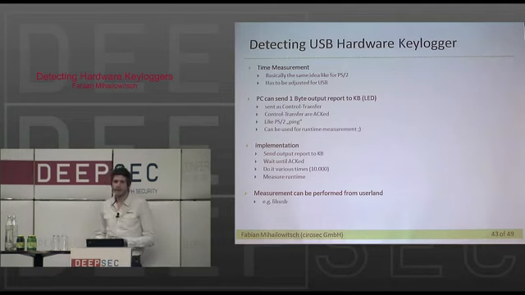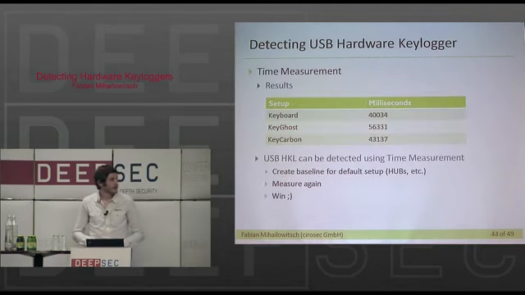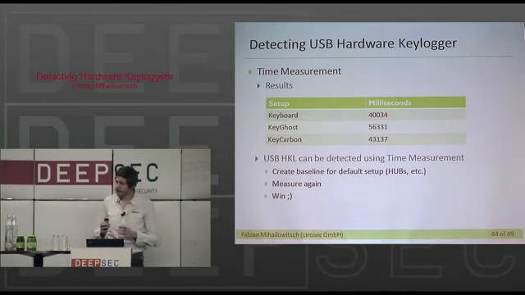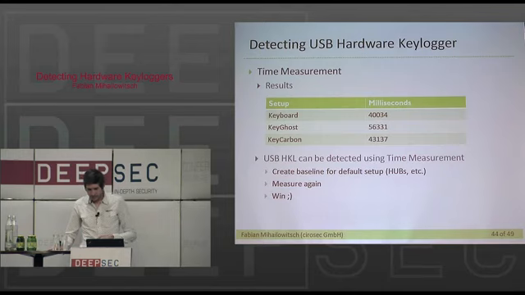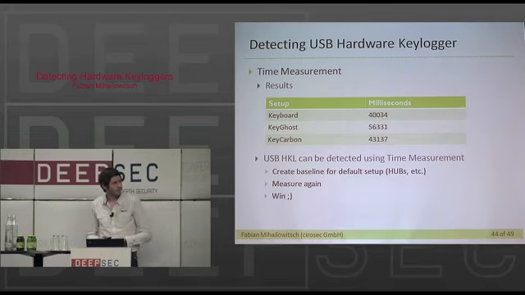The cool thing about that is you don't even have to go to kernel land, because timing differences are bigger and you can do it from user land, e.g. using libusb. These are my results for that. You can see the keyboard and the amount of milliseconds it takes, and with the keyloggers in place, it just takes more time.